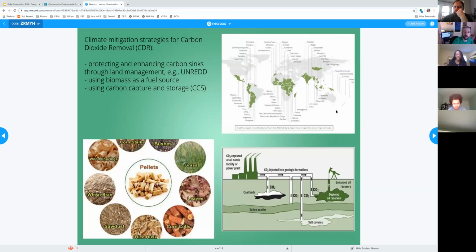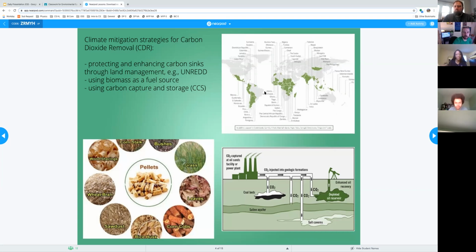This is a map of where UN-REDD, which is a United Nations organization, is trying to protect and enhance carbon sinks, meaning places where carbon dioxide can be stored, mostly through forests. As long as the land is managed so that deforestation doesn't happen, then that carbon dioxide can be stored in these areas. These are hotspots for deforestation that can be reversed.